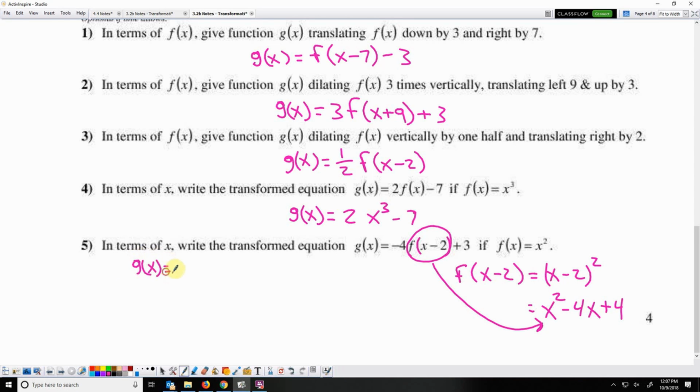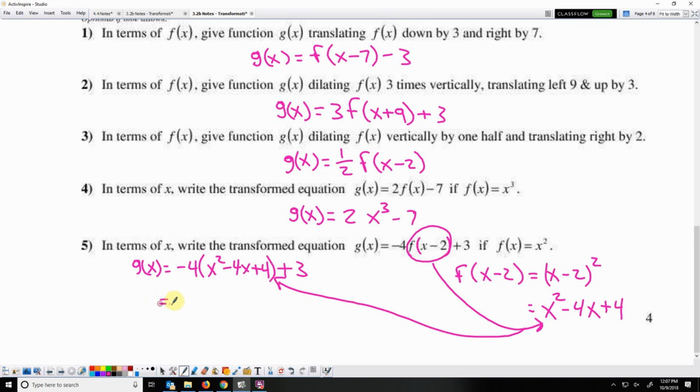So g of x equals negative 4 times x squared minus 4x plus 4 plus 3. So I've taken that f of x minus 2 and put its value right there.